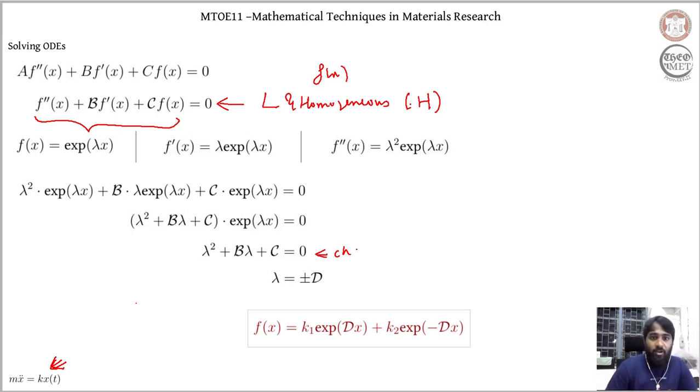If, on the other hand, the ODE is not linear and homogeneous, then it is important to note that we might have to take a different route to solve this expression here. So therefore, before proceeding any further, we need to understand linear homogeneous ODEs from all the different forms of ODEs, from all the rest.